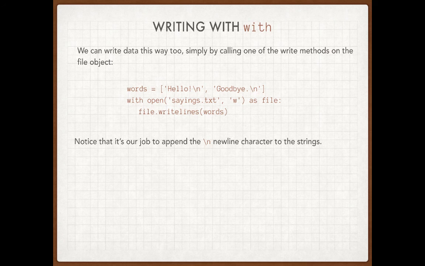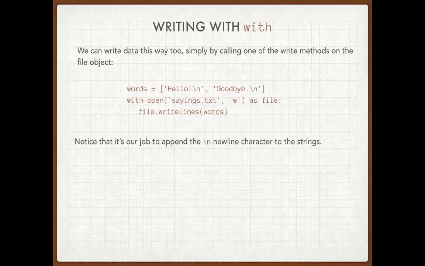Then what I'm going to do is open a new file called sayings.txt. And because I want to write to the file, I need to send it a mode. If you look in the earlier part of the lecture, w is the mode for write. And what write will do is if sayings.txt exists, it will erase all of its contents and start over.